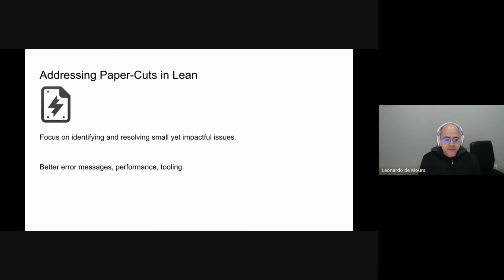We want to improve that. We want to avoid having to explain a bad error message to new users. And also when you're using Lean for teaching, we don't want educators to spend time explaining weird behavior instead of explaining math or computer science.